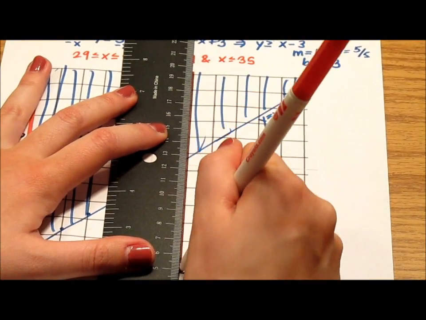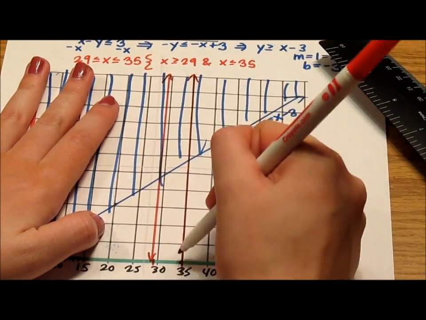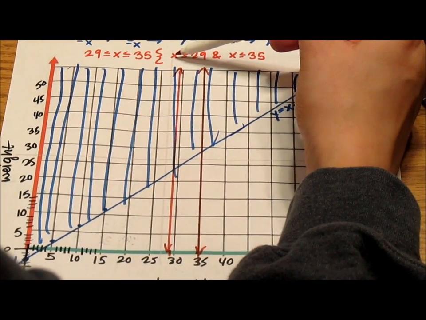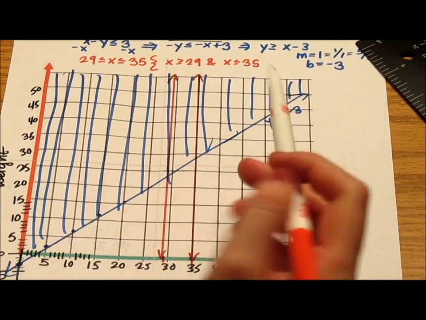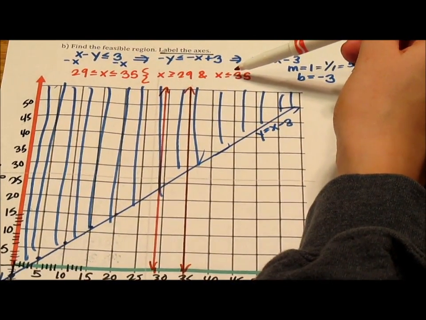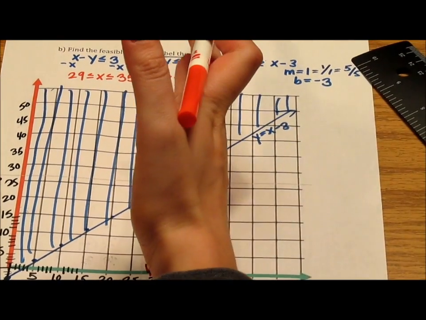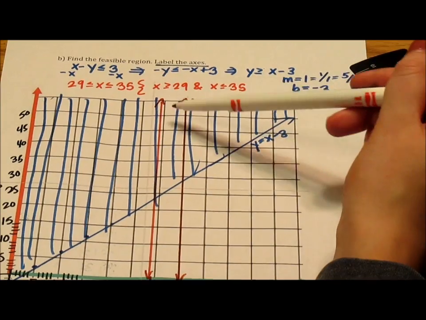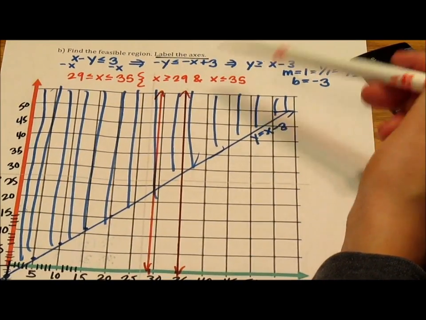Okay, so here's how I do my shading. I shade anywhere on the x-axis greater than 29, so everywhere here, and I shade everywhere on the x-axis less than 35, which is from this point and on. So basically that area is just the area in between the two lines.